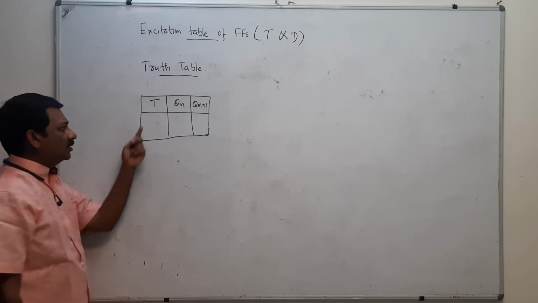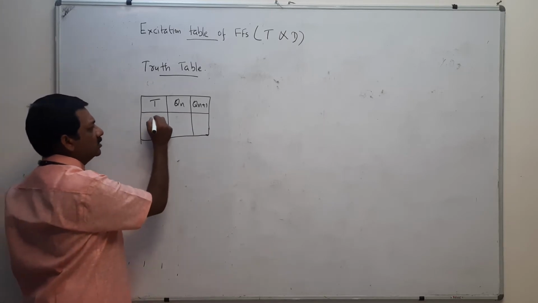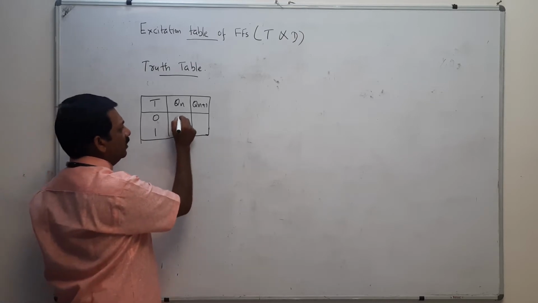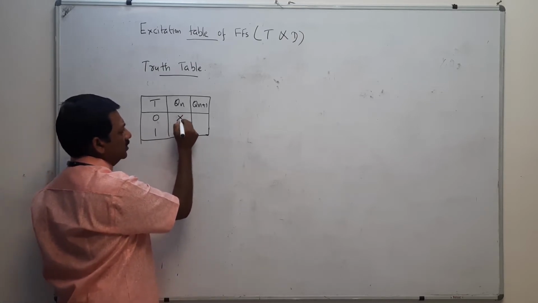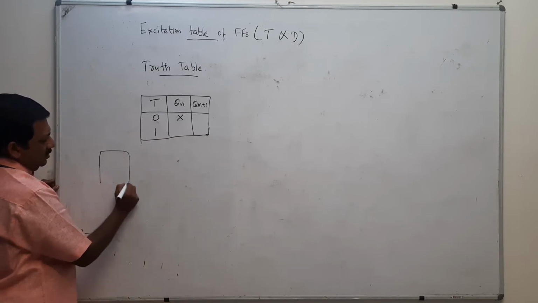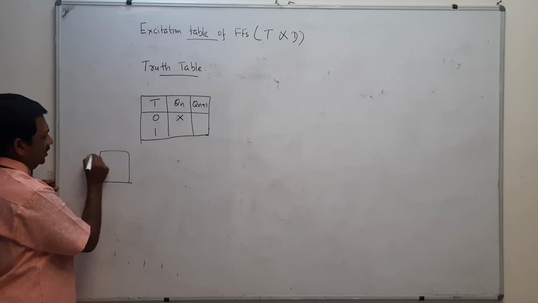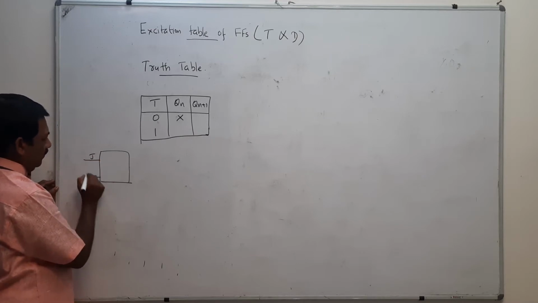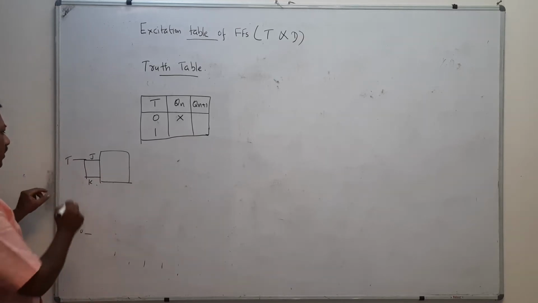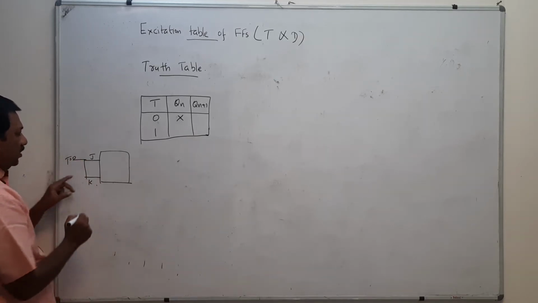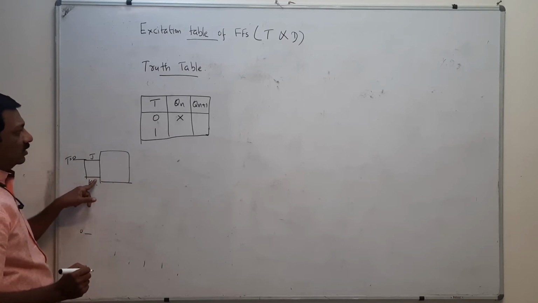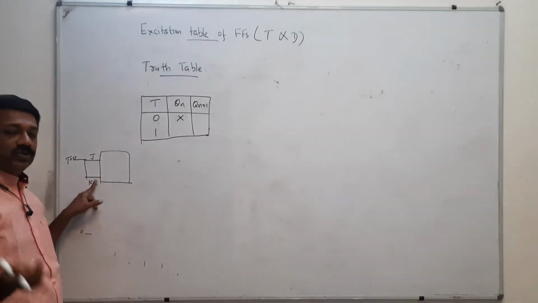Here T can take two values, 0 and 1. In the JK flip-flop, this is J and this is K. If T equals 0, that means J and K are 0 and 0, and in this case it is storing the previous value.